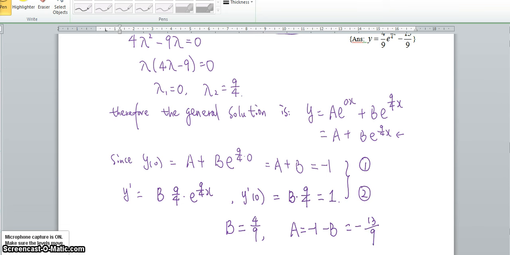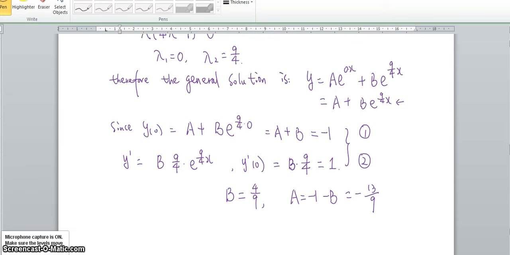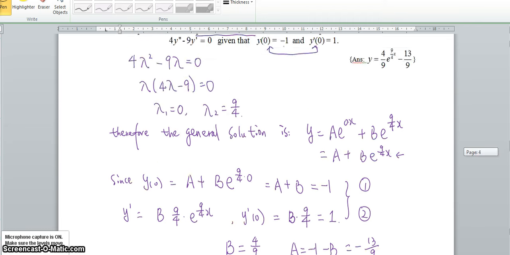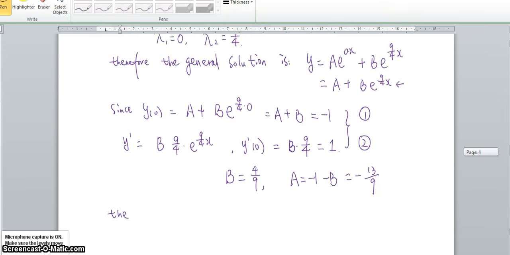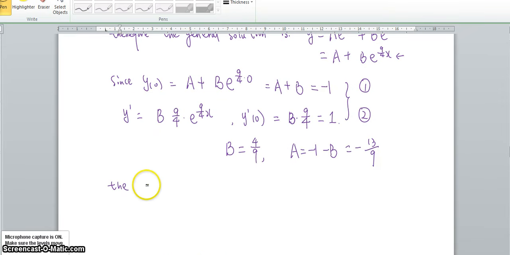Okay, now we have found both values for a and b. That means we have found the particular solution to the given differential equation.